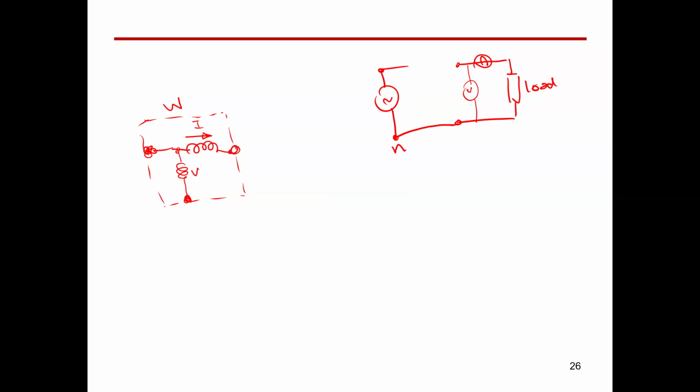So it has two coils inside, and it has a pointer. This pointer is going to move according to the average power absorbed through the coil, and the coil is going to move as a function of V times I times cosine theta V minus theta I. So this is the concept of the device and how the wattmeter is working, but this is not our topic today. So we need just to know how to connect the wattmeter to measure the power in our circuit.